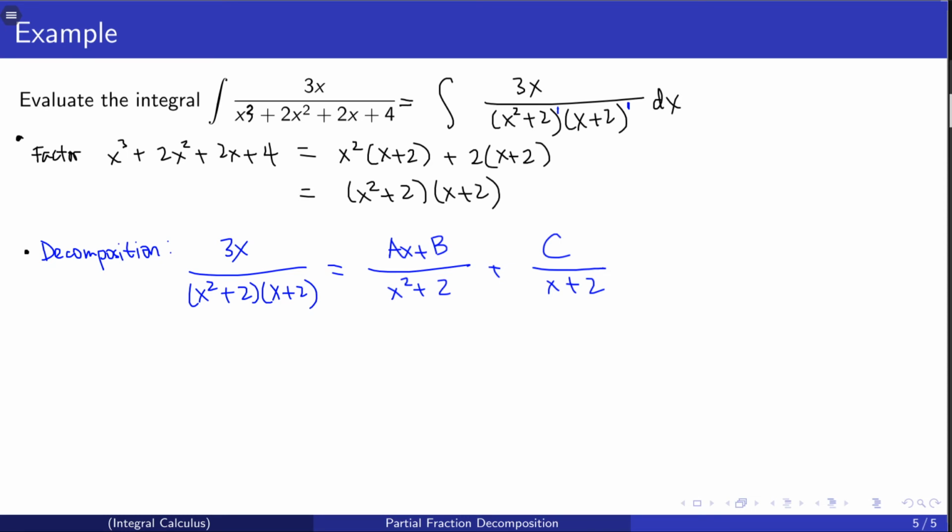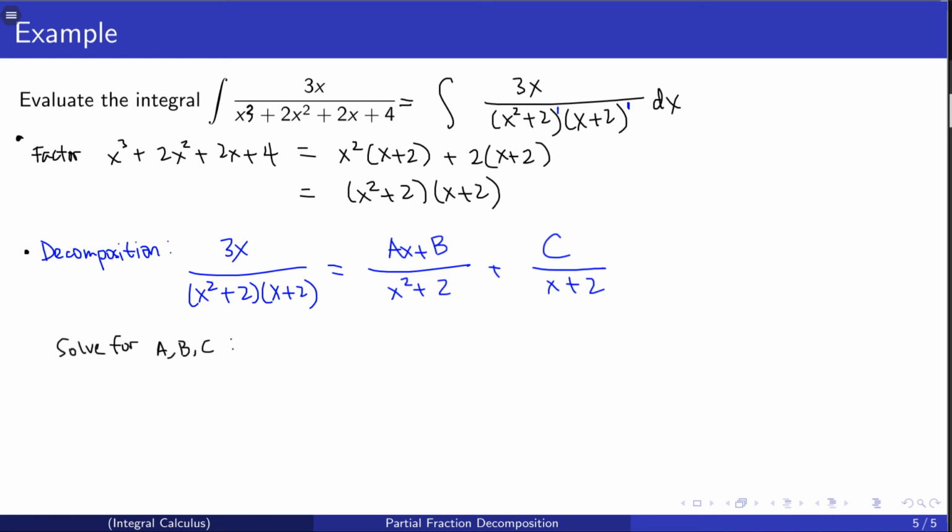And really, you've done the most important step here, right? Once you get the correct form for the decomposition, now you just have to solve for a, b, and c, and you can do that in a couple of ways. First, you can try multiplying both sides by x squared plus 2 times x plus 2.